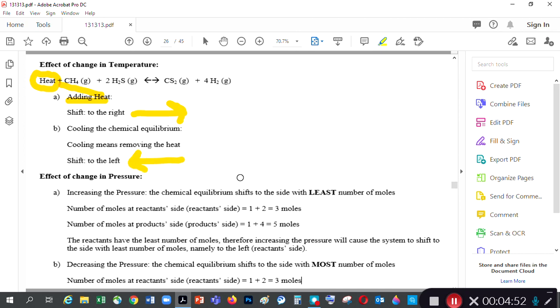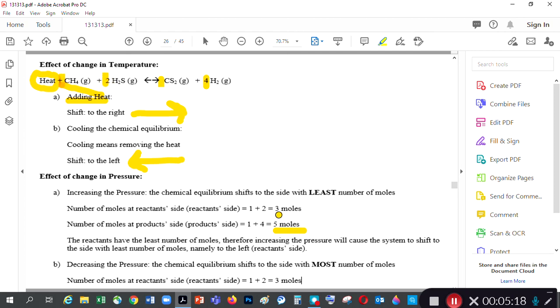Now, the effect of change in pressure. If you increase the pressure or decrease the pressure, it will depend on the number of moles of the reactants and the products. Here we have 4 moles. Let's look at the products. 4 and 1. This is 5. So the products have 5 moles. The reactants have 2, and nitrogen is 1 here.